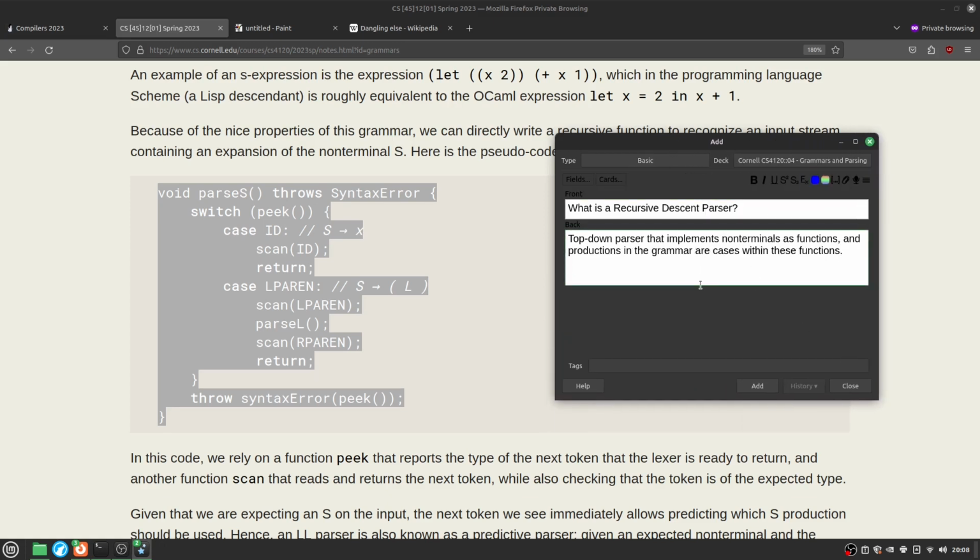This is probably an old version of Anki. Screw it. Top-down parser implements non-terminals as functions, and the productions in the grammar are cases within these functions.